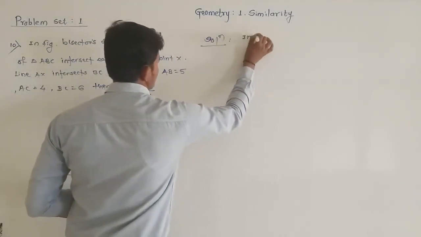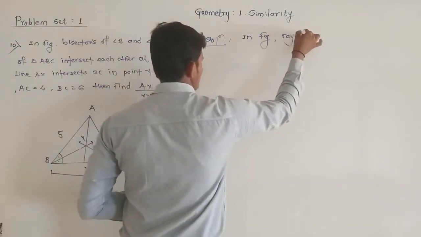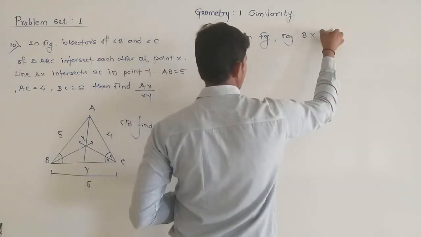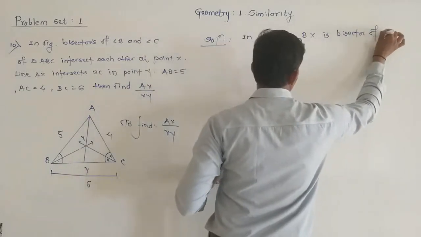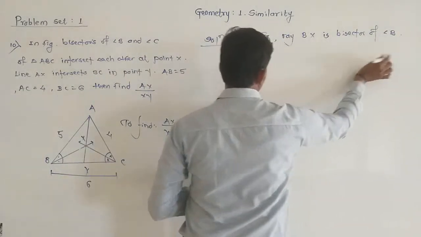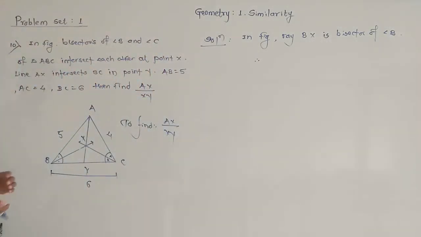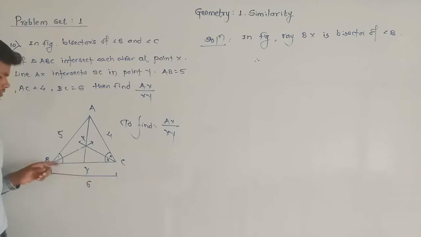In the figure, ray BX is the bisector of angle B. So by using the angle bisector theorem, we get, what the angle bisector theorem states: the bisector of an angle of a triangle divides the opposite side. So the angle which is bisected, find its exactly opposite side.